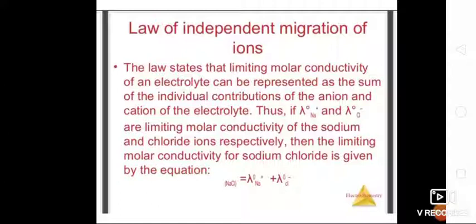Law of independent migration of ions. It is also called Kohlrausch's law. The law states that the limiting molar conductivity of an electrolyte can be represented as the sum of the individual contributions of the anion and cation of the electrolyte.